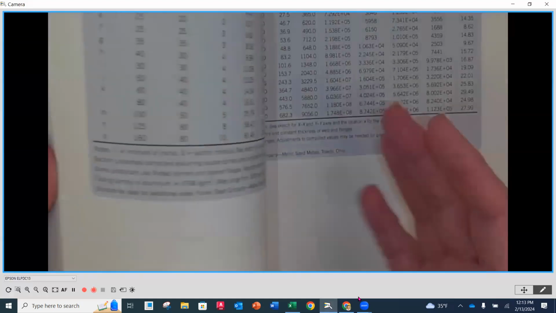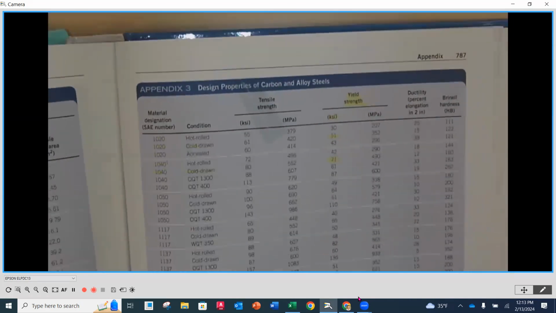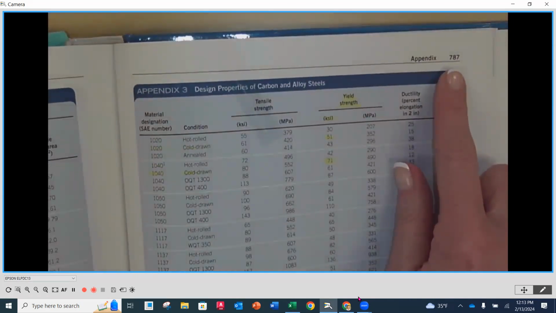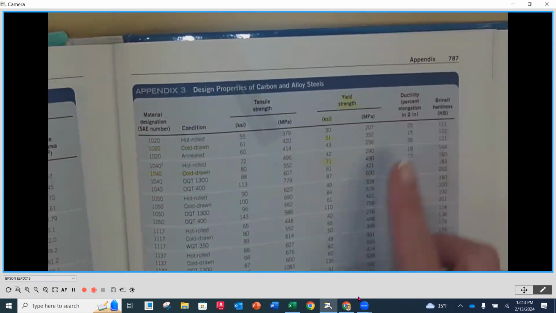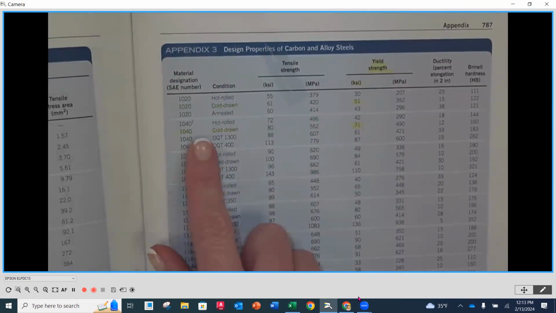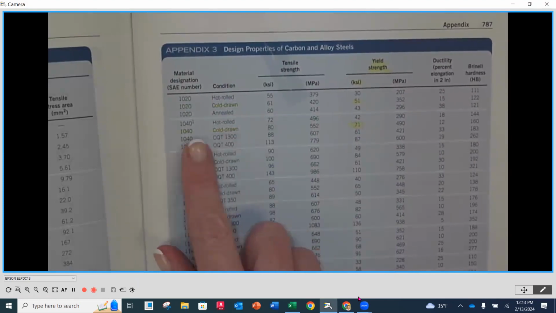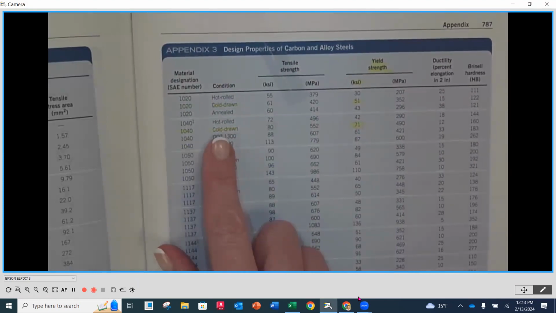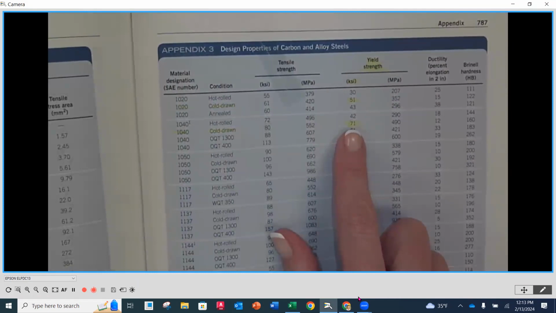So you're just going to go to the back of the book, and we are going to find Appendix 3. Appendix 3 starts on page 787. And you're going to notice that down that first column, 1040 cold drawn steel is on that chart for us. So we can use this chart to get the information that we need. Over on the right-hand side, you keep going over. Yield strength is going to be the Sy that we need.